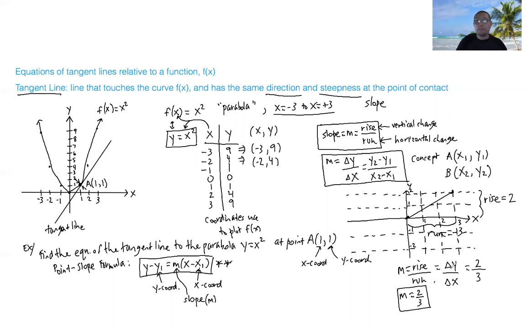And so let's take this concept and let's just say that I wanted you to find the slope of this tangent line so that we can plug it into our point slope formula, so that we can answer this question, the equation of this tangent line to the parabola at this point 1, 1, okay?